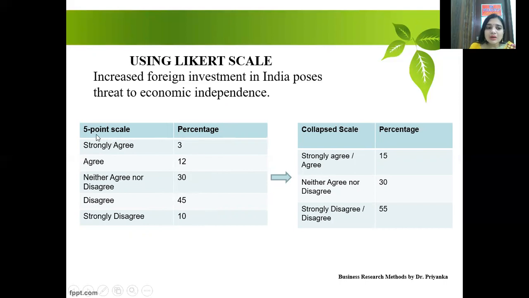You will be combining these two, strongly agree and agree: 12 plus 3, 15 would be your new value. 30 would remain the same. 45 plus 10, disagree plus strongly disagree, would be 55. This would be a new value. This is one way of conversion of data.